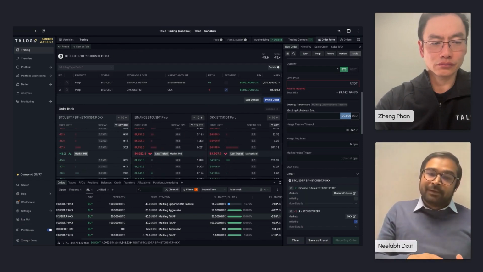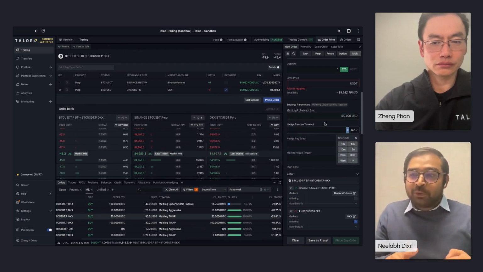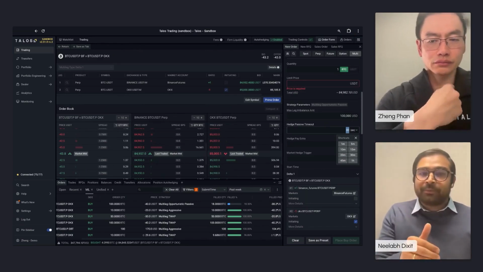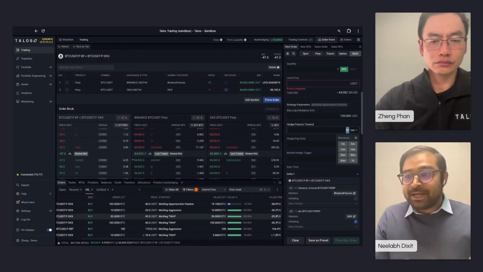Now, moving to passive opportunistic, outside of max imbalance, it has a few other parameters that you highlighted when you were posting the orders. The first one is hedge passive timeout.